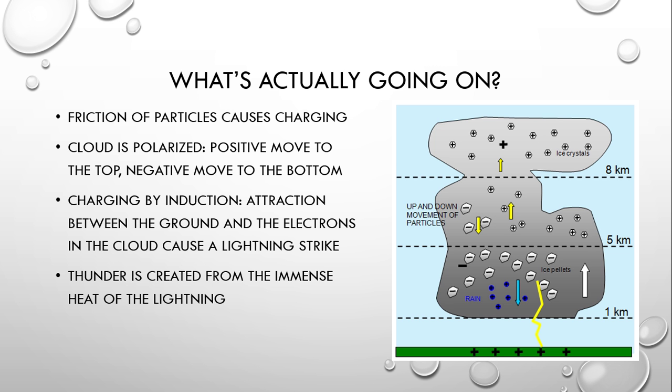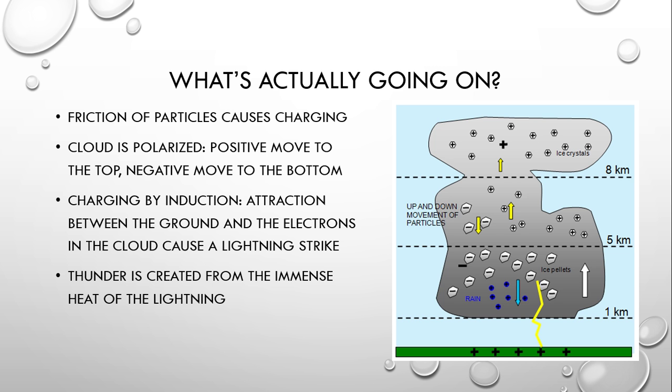It's kind of the same concept as grounding. It's also related to charging by induction, because of the attraction between the ground and the electrons in the cloud, and that causes a lightning strike.